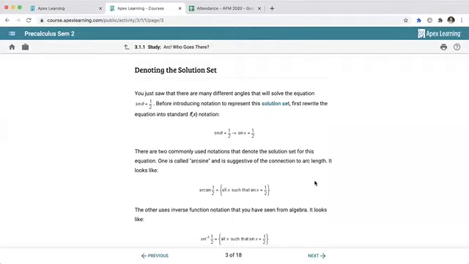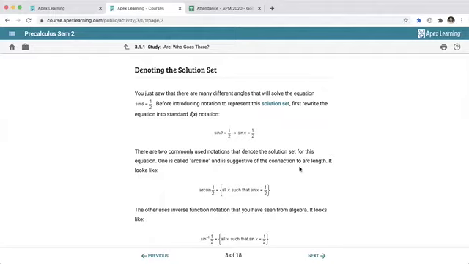So when we're talking about all of the answers that could possibly be correct for this, we're going to introduce something called a solution set. Hopefully that's not unfamiliar to you. A solution set is just all of the possible answers that make your equation true, or that satisfy the equation.